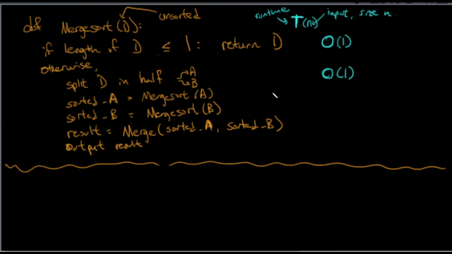And so what is the runtime of these two lines? Calling merge sort on A, this half of the array D, and calling merge sort on B, this other half of the array D.